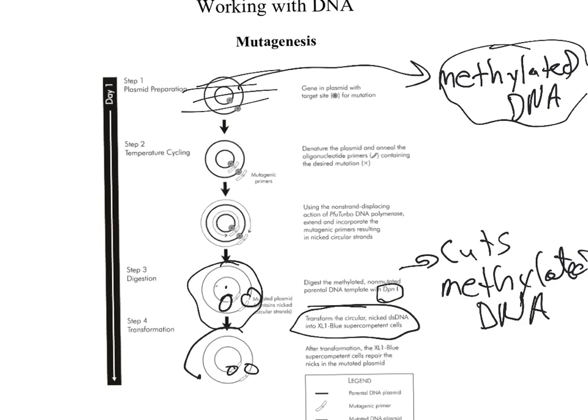Then you can let the bacteria make more plasmids, and then you can use these plasmids to make protein that now has the difference in position. So maybe, again, we said, let's say we wanted to do a glutamate to glutamine. Well, these plasmids will put glutamine where the glutamate used to be. So in a nutshell, that is this technique, and that's the technique I'm going to teach you to do. And you may have already worked on it at this point.